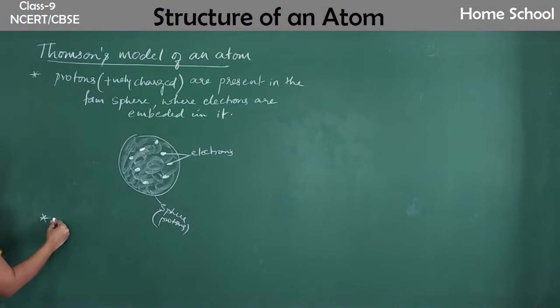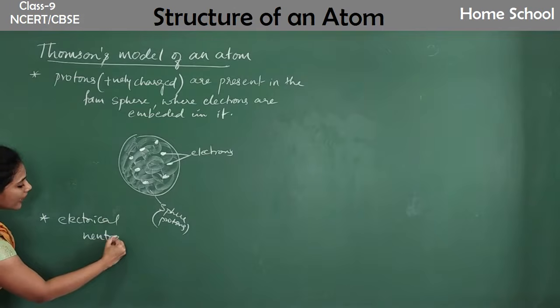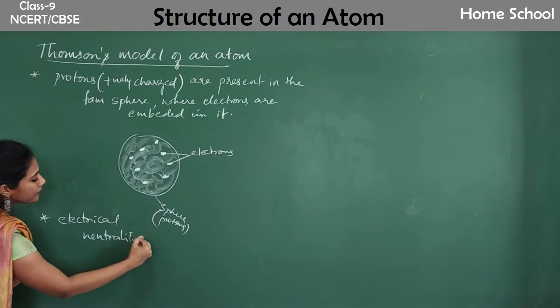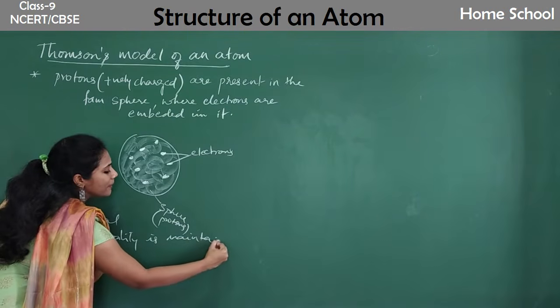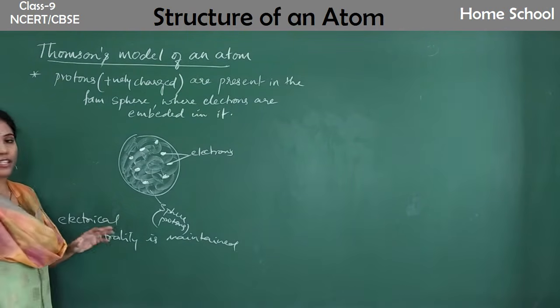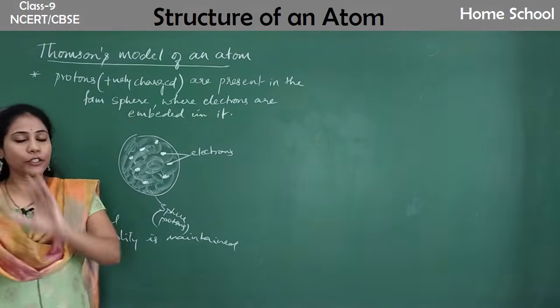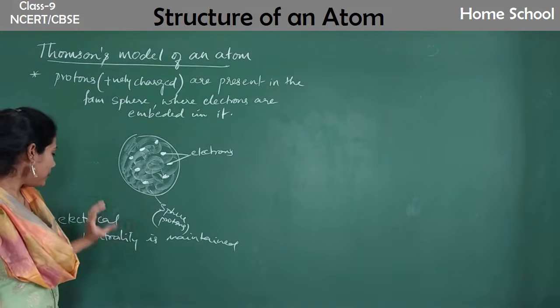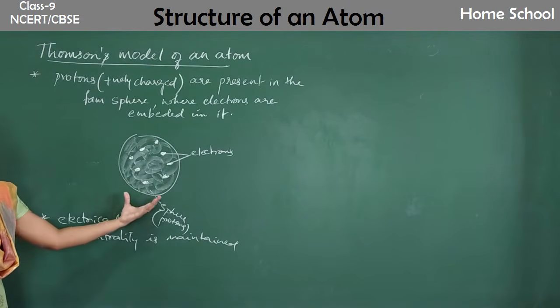Electrical neutrality is maintained here. What do you mean by electrical neutrality? The number of positive charges is always equal to the number of negative charges. He also agreed to that point, and to do justice to it, he gave the model as this.